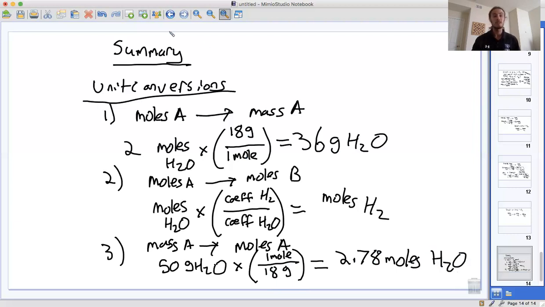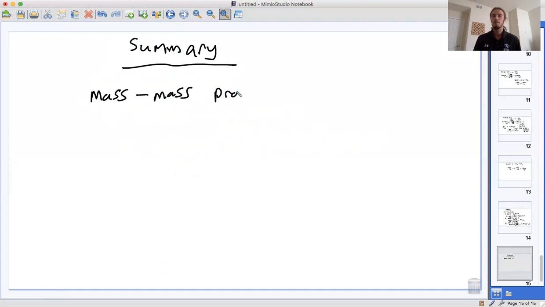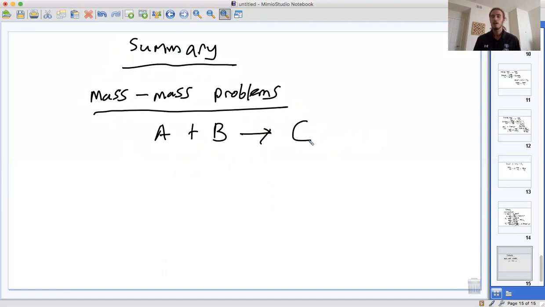Okay, and then the last thing we looked at was mass to mass problems, right? So we looked at, if you have a chemical reaction and you're trying to get from mass of one substance to mass of another substance, right?